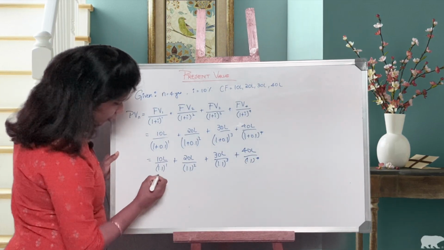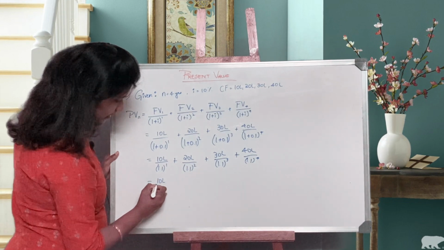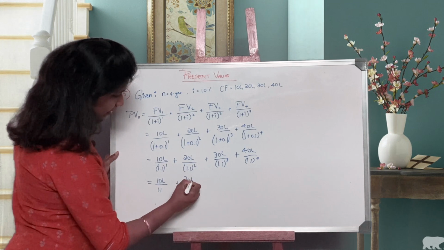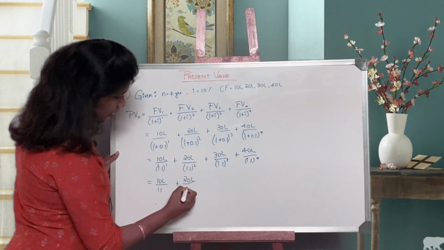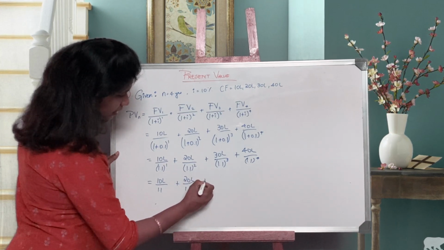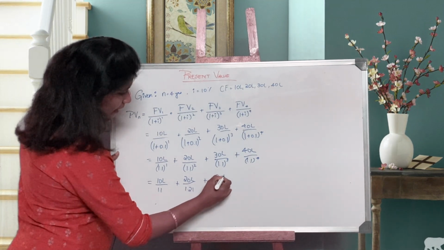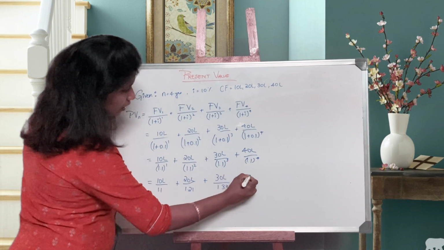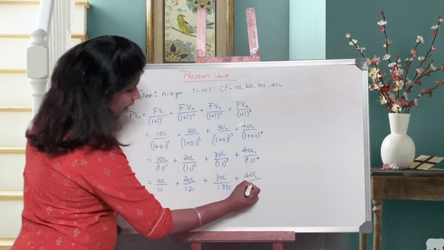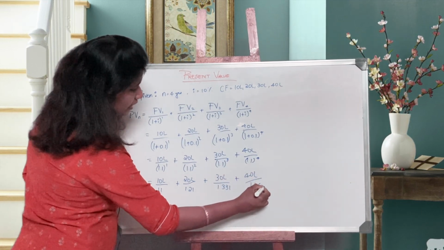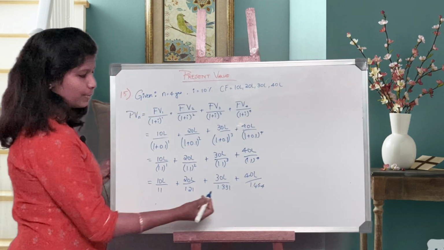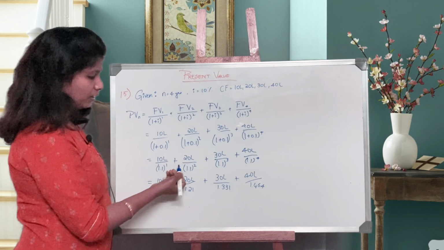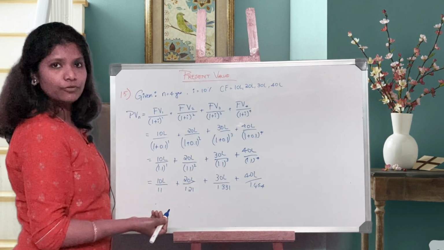Further calculation: 10 lakh divided by 1.1, 20 lakh divided by 1.21, 30 lakh divided by 1.331, 40 lakh divided by 1.464. So these will be your values once you calculate 1.1 to the power of 1 year, 2 year, 3 year and the 4th year.